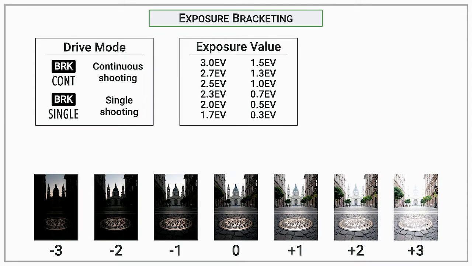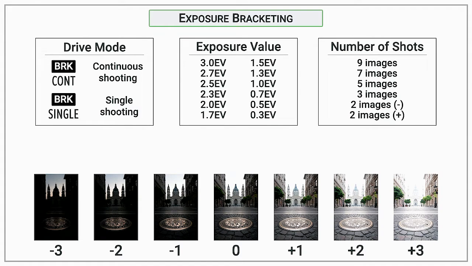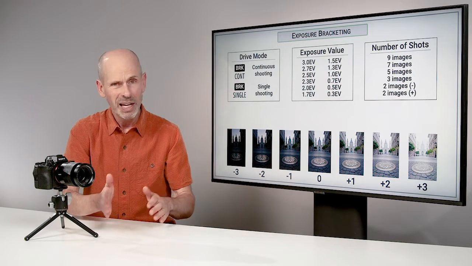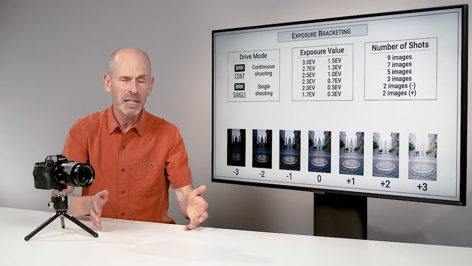Now the next option is your exposure value. How much difference is there from one image to the next? I think one-stop exposures work pretty well. Some people want to do a little less, some people want to do a little more. There's all those options in there. And then there's the number of shots. How many images do you want to shoot? Usually this is done in odd images so that you can have an image done at correct exposure and then an over and under equal on either side.